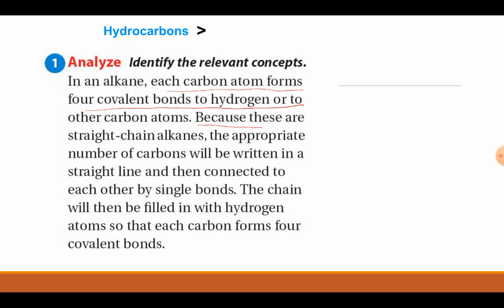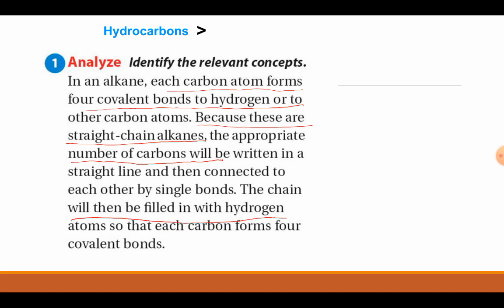Because these are straight chain alkanes, the suitable number of carbons will be written in a straight line and connected to each other by single bonds. The chain will then be filled with hydrogen.